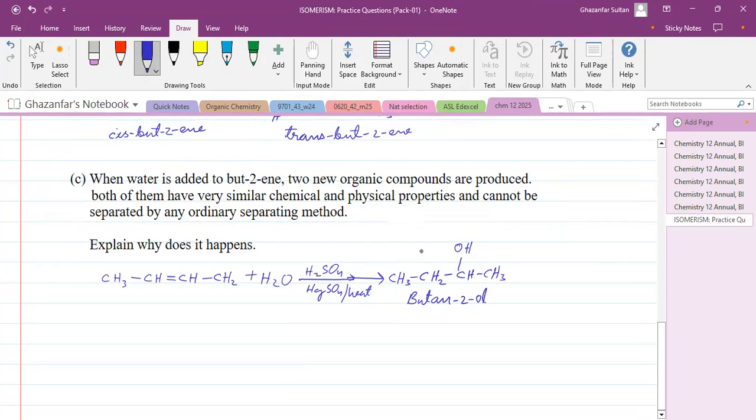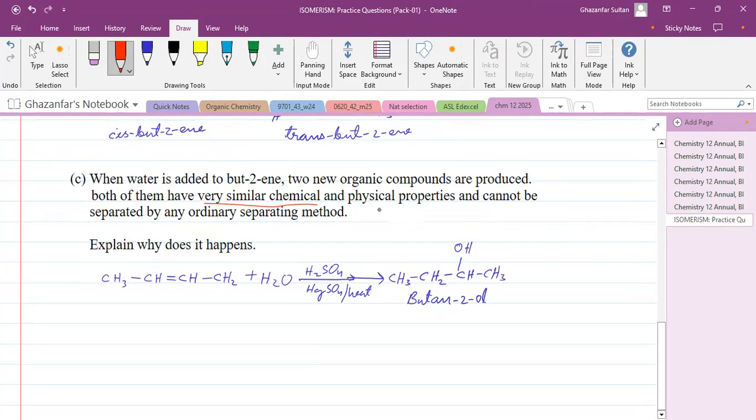Is it an optical isomer? Because the hint is given here that they have very similar chemical properties. So two optical isomers mainly have same chemical properties and very similar physical properties.